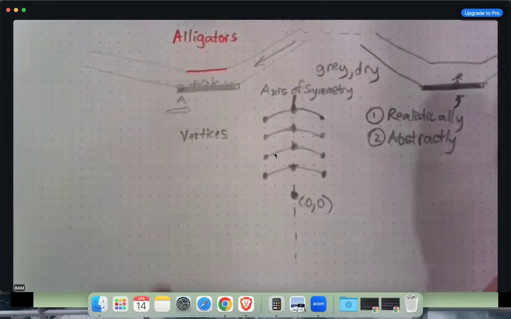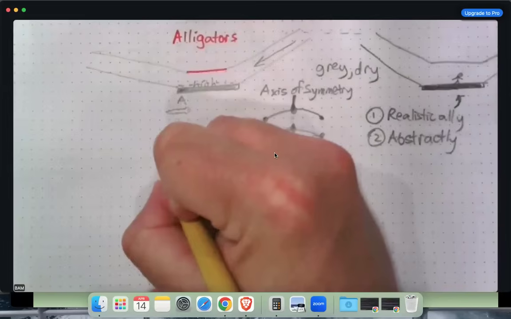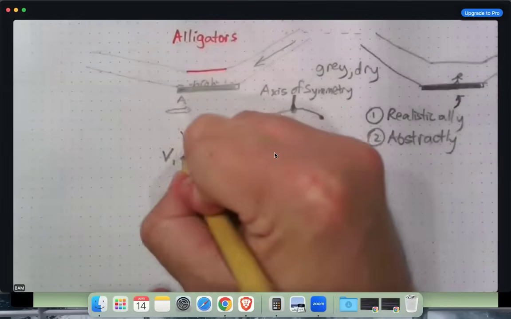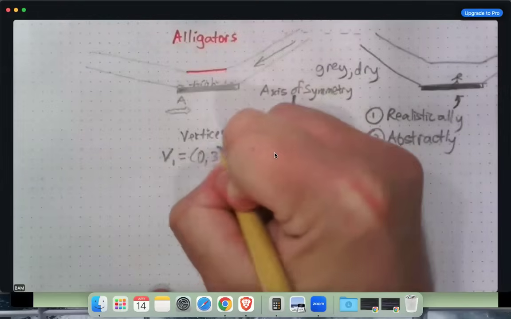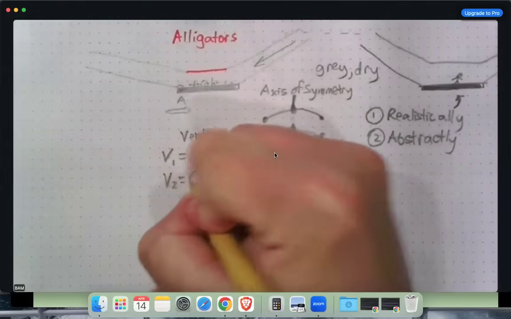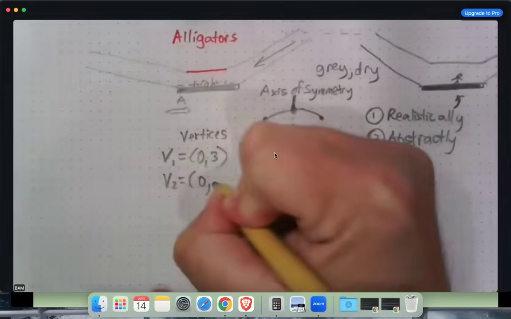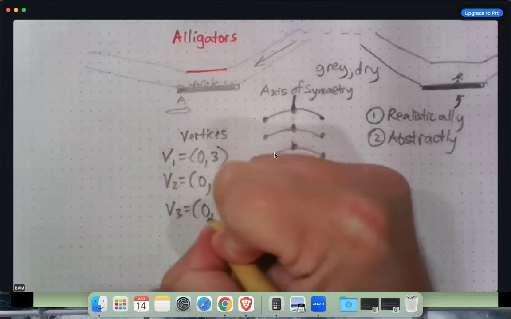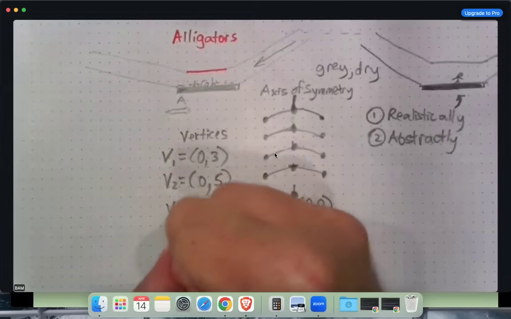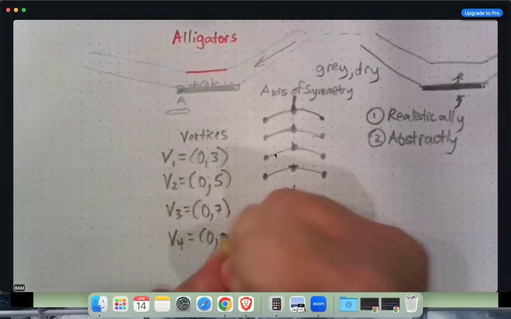And vertex number 1 is at (0, 3). Vertex 2 is at (0, 5). Vertex 3 is at (0, 7). And vertex 4 is at (0, 9).